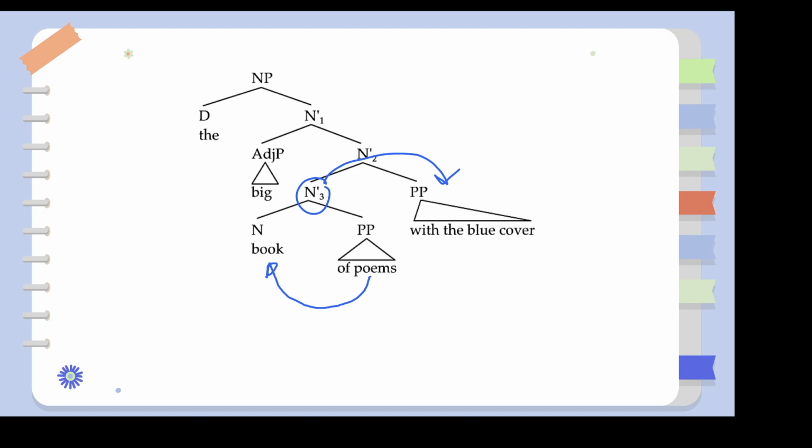It means that with the blue covers is the adjunct, the additional information that we just add to our noun phrase, book of poems. So by doing this in the X-bar theory, we show the new hierarchical order in the sentence or in our noun phrase. I know it looks complicated, but please keep going through this. It will be easier later.